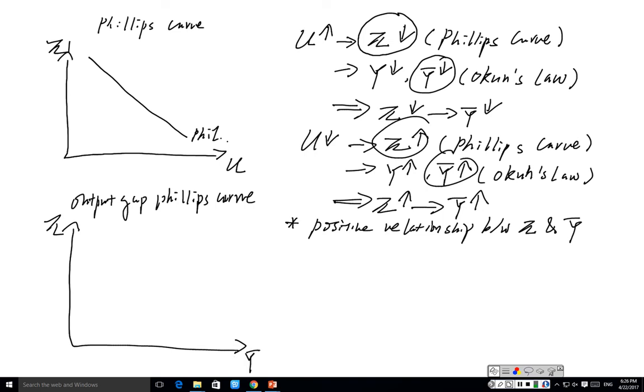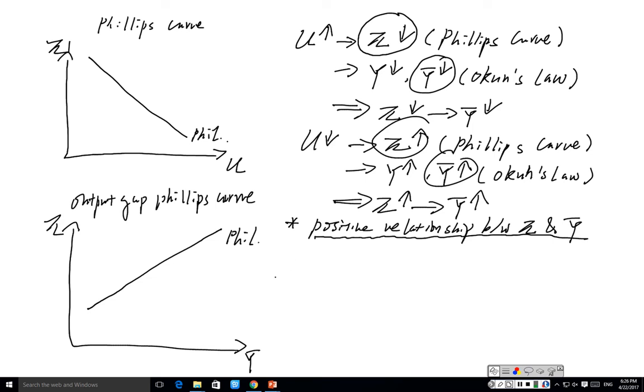And we already know that a positive relationship exists between the inflation rate and the output gap. If two variables has the positive relationship, the line will be upward sloping curve. So that's what we say, the output gap Phillips curve.